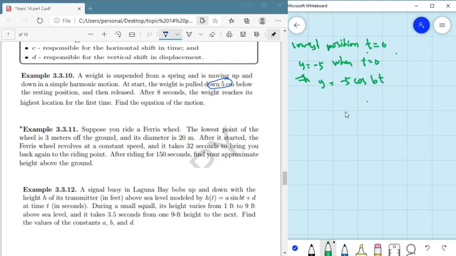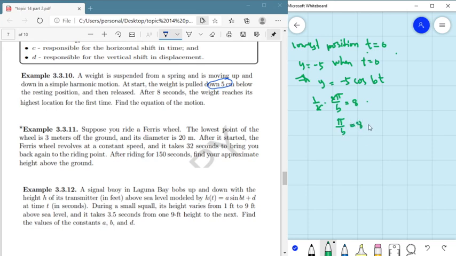And then we have to use 1/2 of 2 pi over b, and this will be equal to 8. So 1/2 of 2 pi over b is equal to 8. We can cancel the 2, and pi over b is equal to 8.